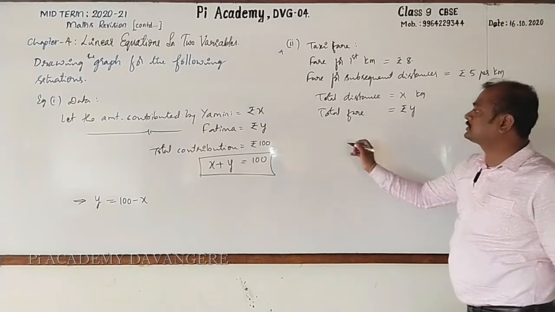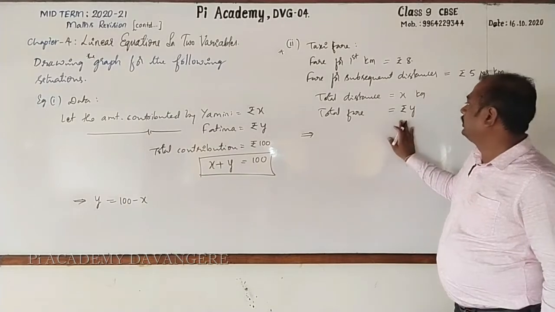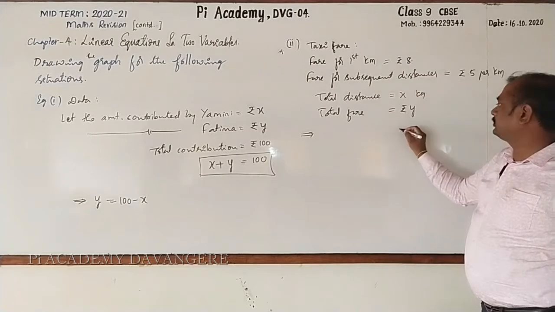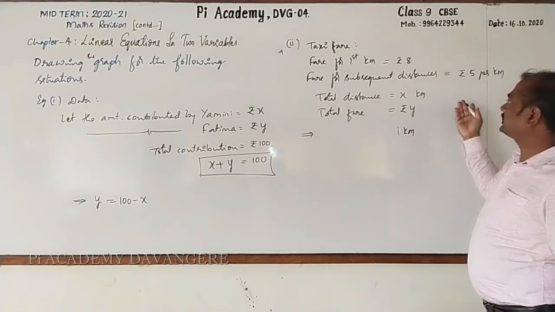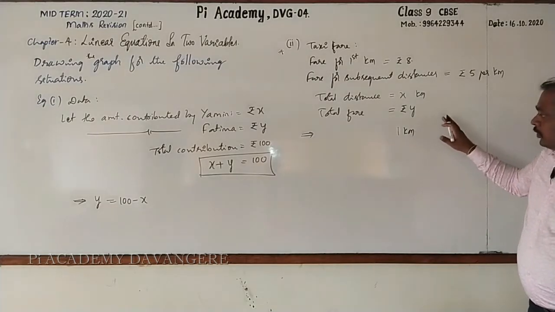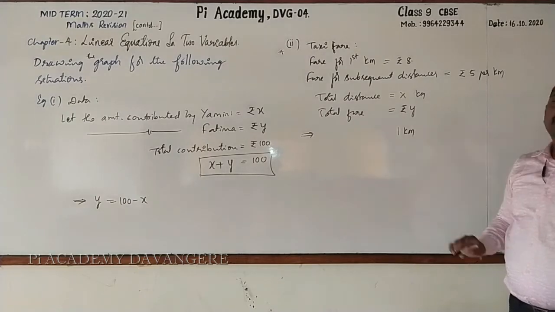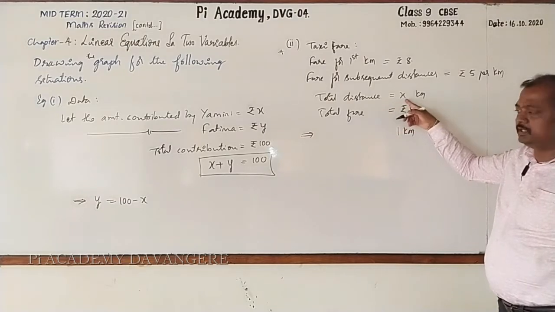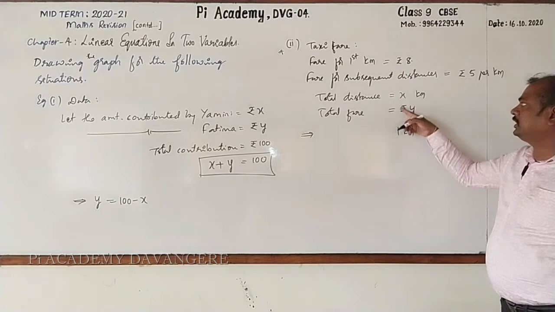Then how do you convert the situation into an equation? Look here. They have given for the first kilometer 8 rupees. For the next remaining, what is the distance remaining after 1 kilometer? So total distance is x. In that, for the first kilometer it is fixed.